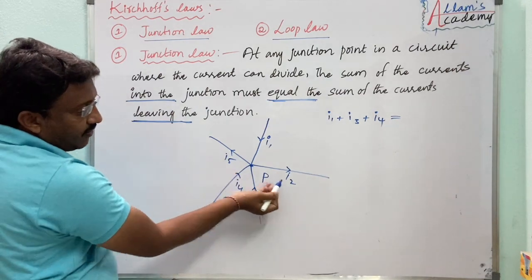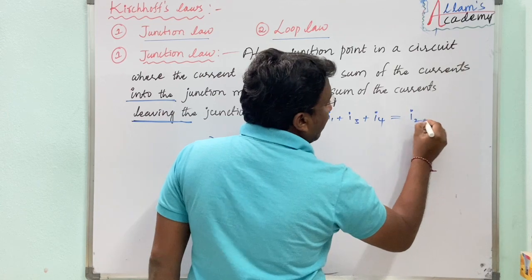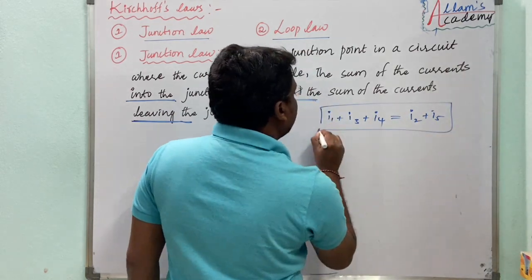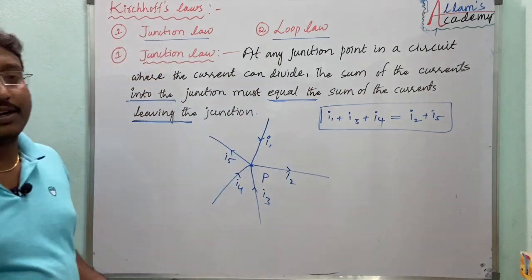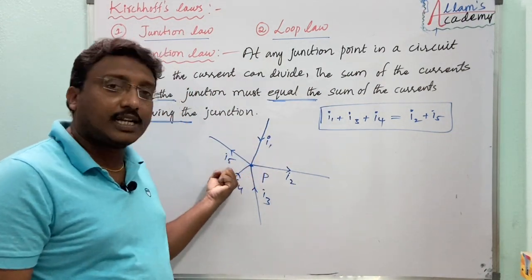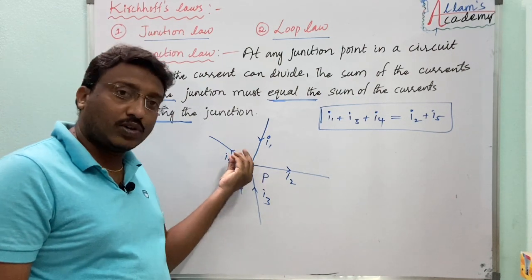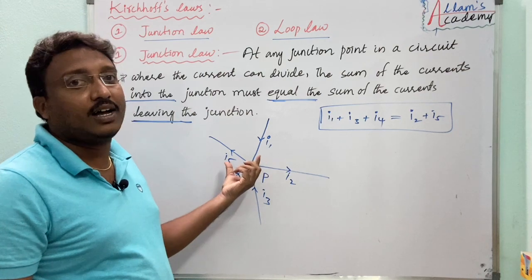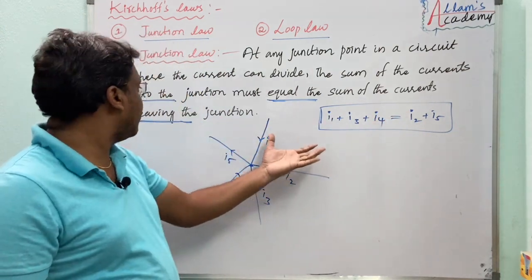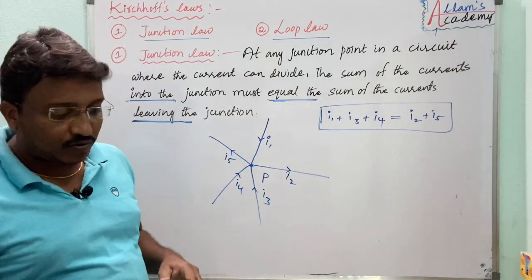Which currents are leaving? I2 and I5. So this is the junction law: the sum of the currents which come towards the junction is equal to the sum of the currents leaving the junction. This is the way we can find out.